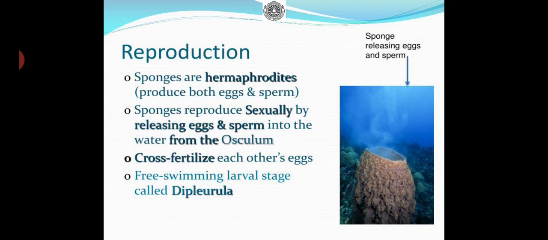Sponges are hermaphrodites producing both eggs and sperms, and sponges reproduce sexually by releasing eggs and sperm into the water from the bigger opening of their body called osculum.